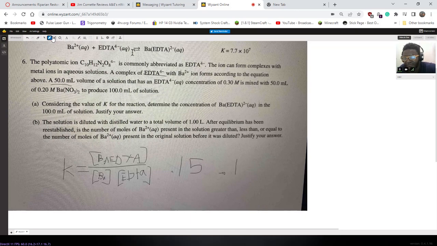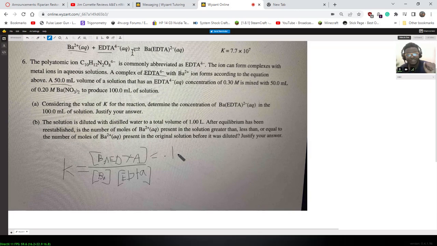So, when you do your conversion, it's 1 mole to 1 mole. Yeah, 1 to 1. So how much EDTA do we have? We have 0.5. So we get 0.1 molar barium EDTA. And why is it 0.1?